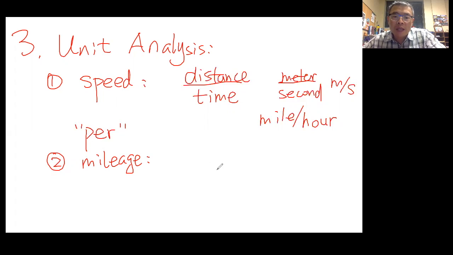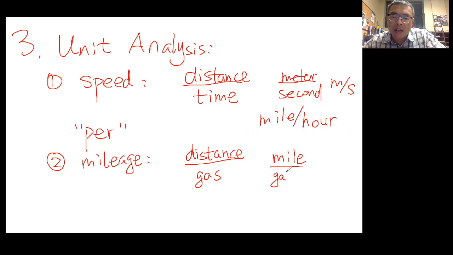In calculating the mileage of your car, essentially you're using distance divided by the gasoline you use. So that means the unit for mileage is mile, which is the unit for distance, per gallon, which is the unit for gas. So this is the unit for mileage.